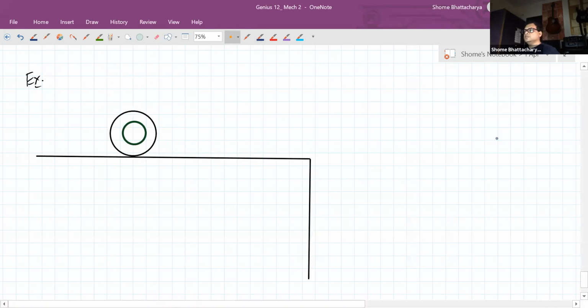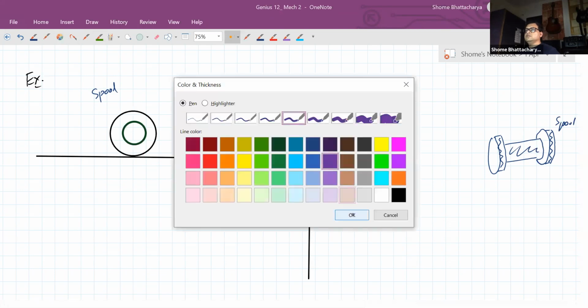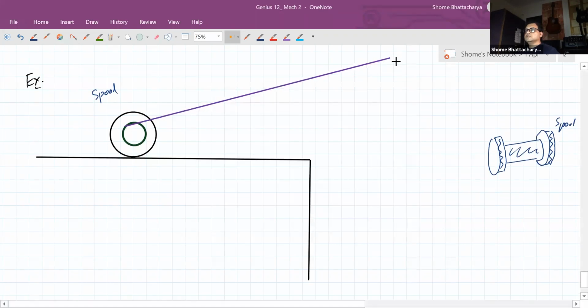So three-dimensionally, this object looks like this. Now, there is a thread wound on the spool, just coming out like this.